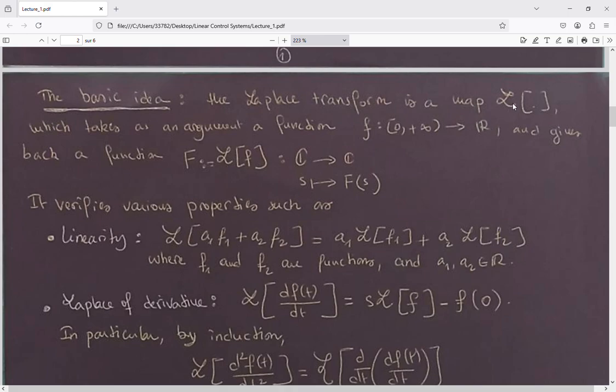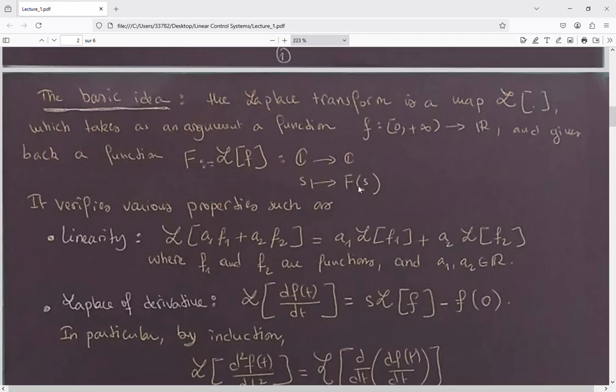So the Laplace transform takes this function as an input, and it gives as an output another function that I call here big F, the Laplace transform of small f, which is a complex valued function that maps a complex number s into the complex number F of s.